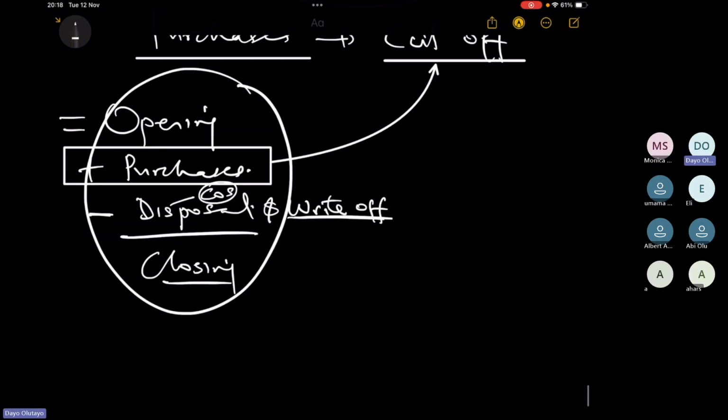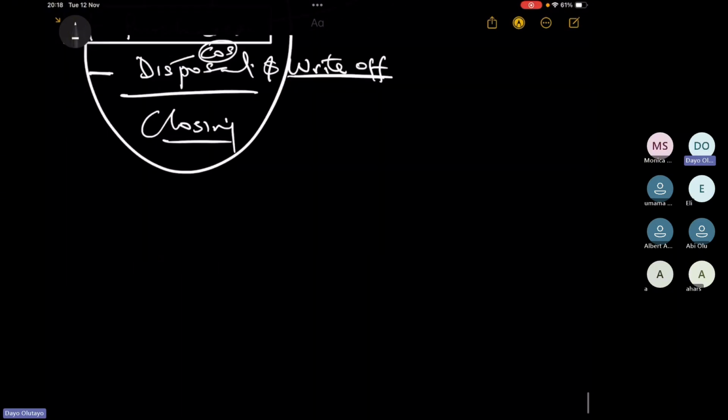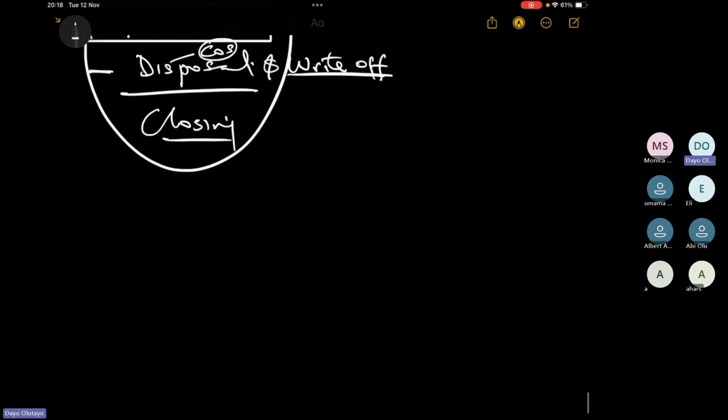And how do you test for cutoff? Similar to sales, you need to ask yourself, at what point do you say inventory has been purchased? So what document would signify a point of purchase? GRN. Thank you very much.